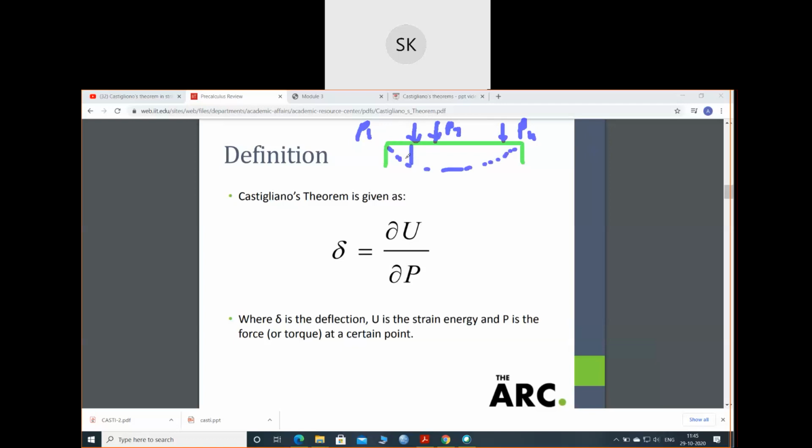Now consider the deflection due to P1 load as Y1, deflection due to P2 as Y2, and deflection due to Pn as Yn.